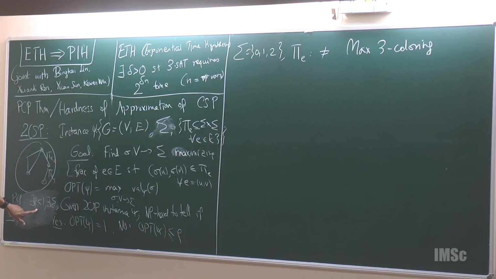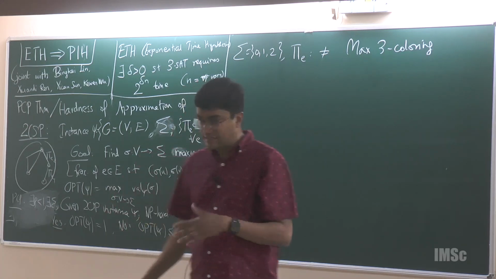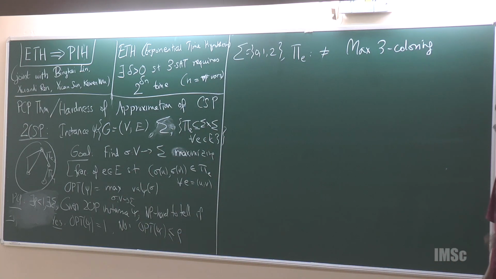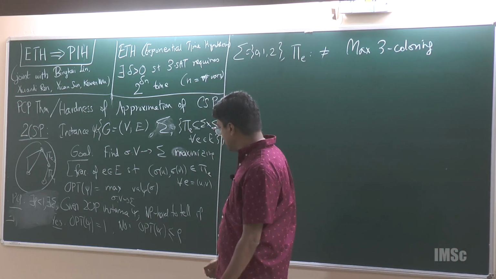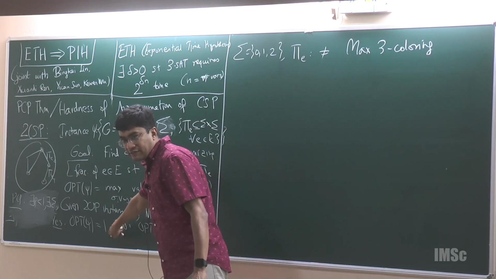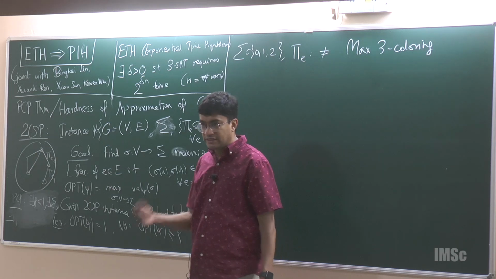And the rho, of course, depends. There are tighter forms of PCP theorems which try to optimize rho and so on. For us, in this talk, any rho bounded away from 1 is good enough. For example, I started with 3SAT, so it is a famous theorem of Hastad's that given a 3SAT instance, telling if opt is 1, so it is satisfiable, versus opt is at most 7/8 plus epsilon, is NP-hard.